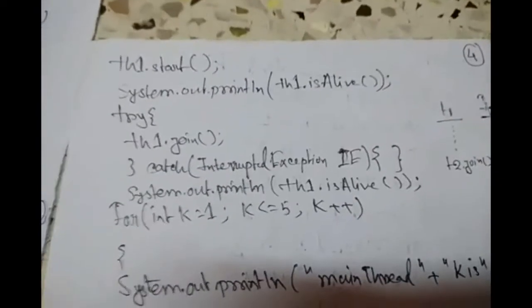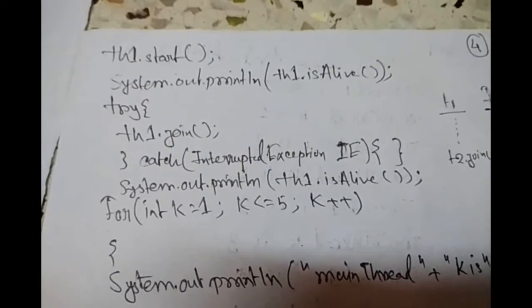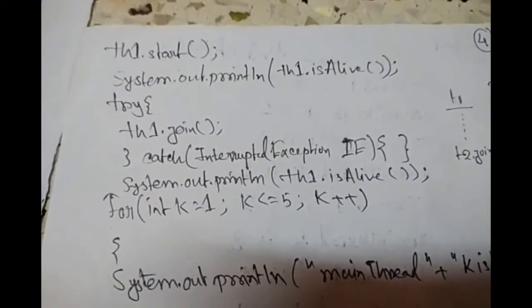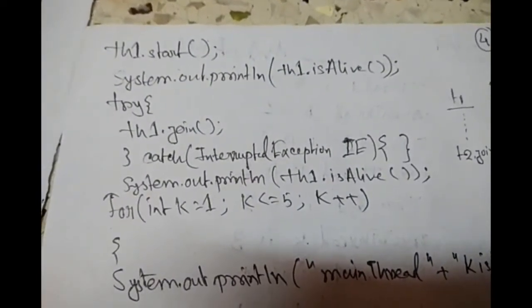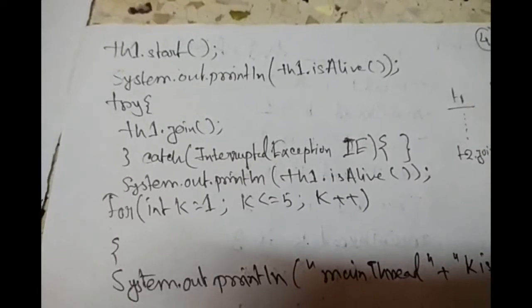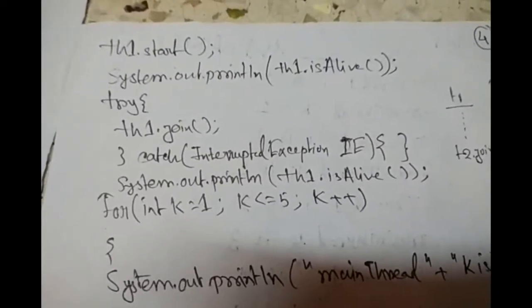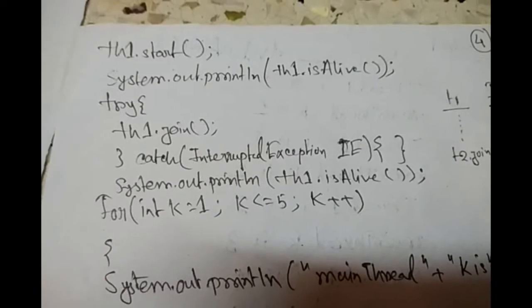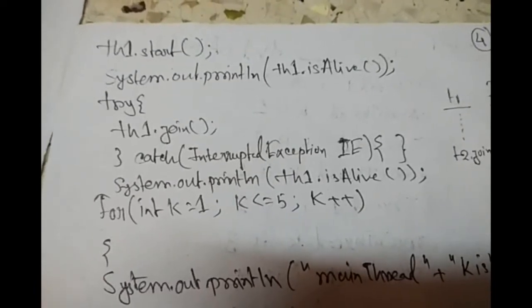Likewise, we will handle this kind of exception and write the th1.join method under a try block and also catch this particular InterruptedException inside the catch block.